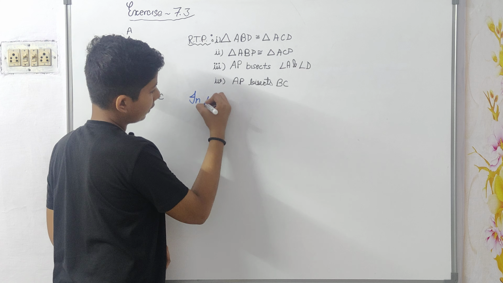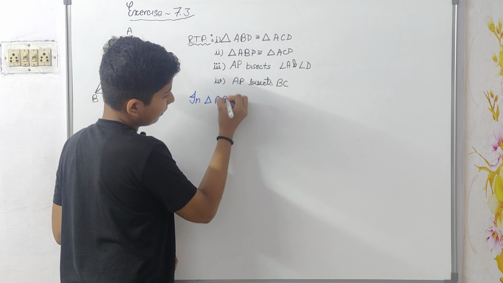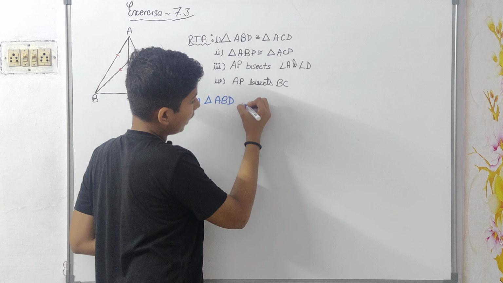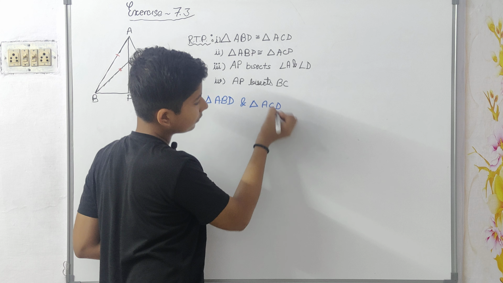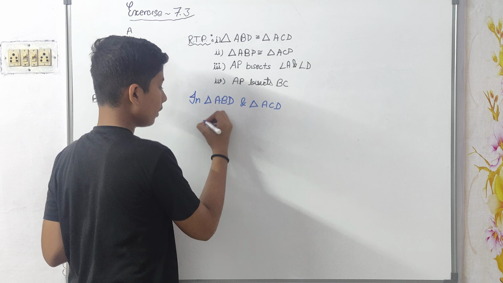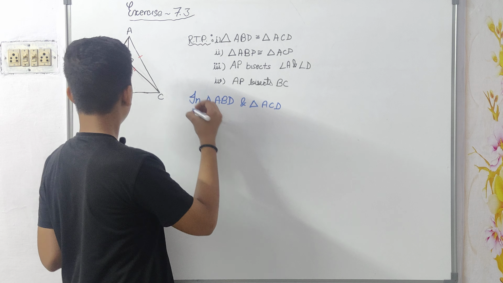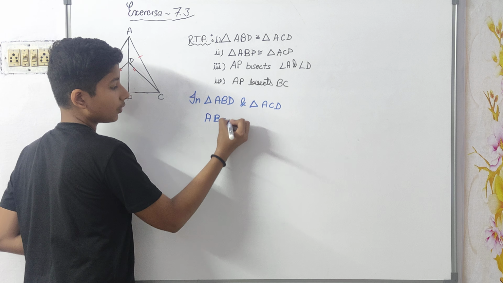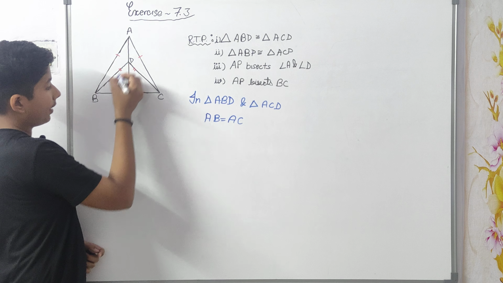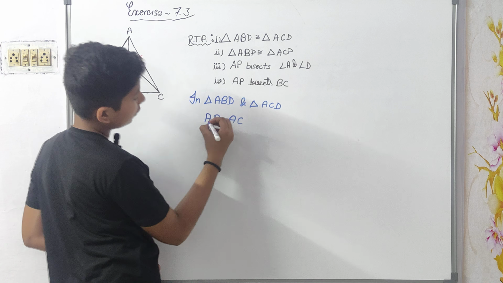So in triangle ABD and triangle ACD, AB equals to AC and BD equals to BC.